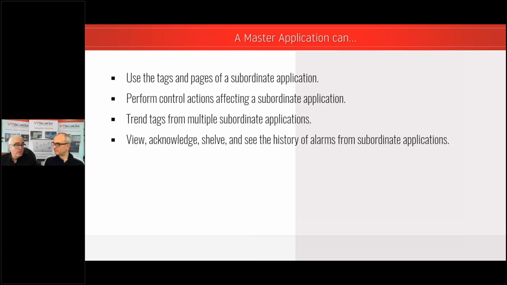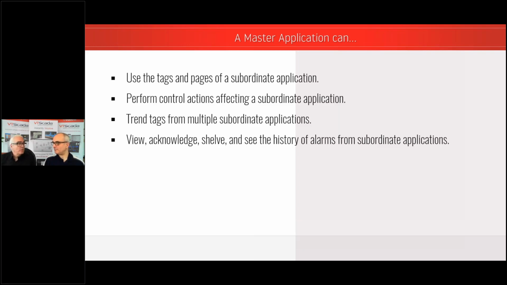So if you have an output widget in the master application, have it refer to a tag in the subordinate application to, for example, write to an output on a device connected via the subordinate app. You can trend tags even on the same page in the master app from multiple subordinate applications. So for example, if you have an overview page in your master application, monitoring what's going on with multiple subordinate applications.